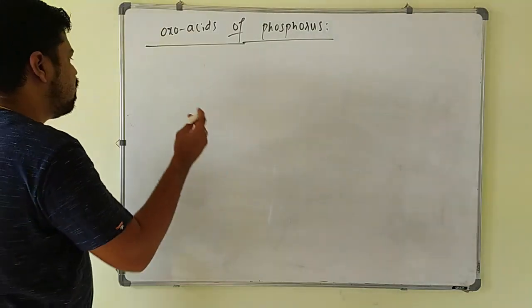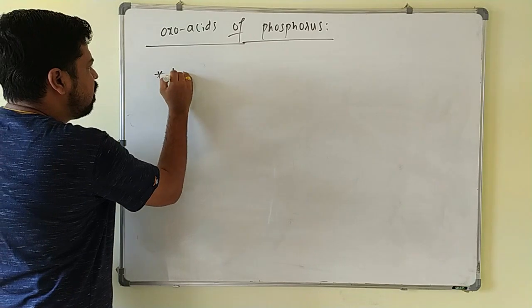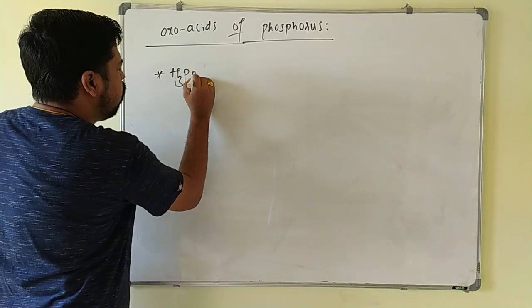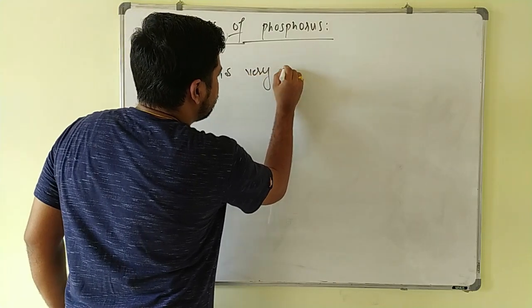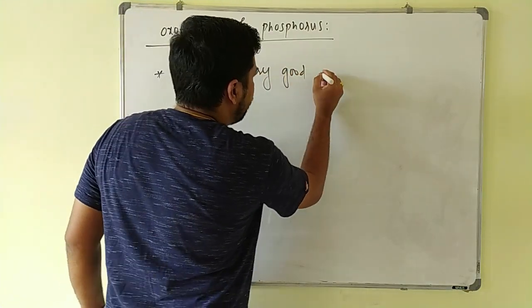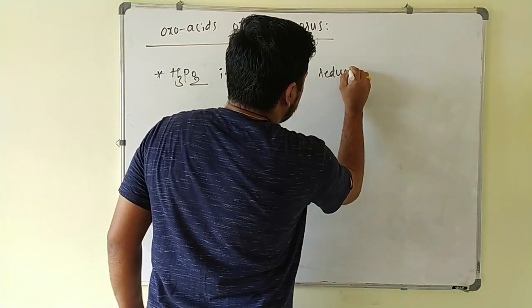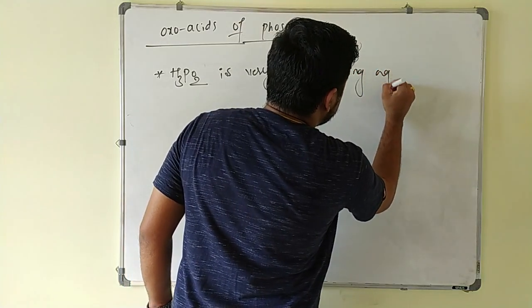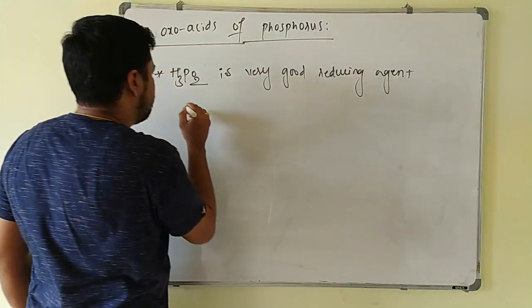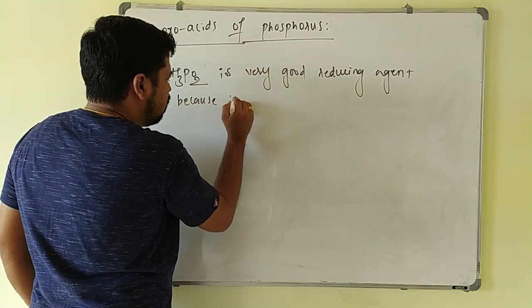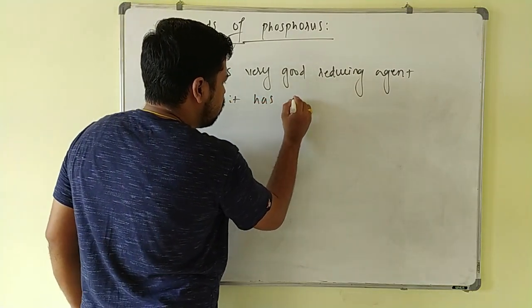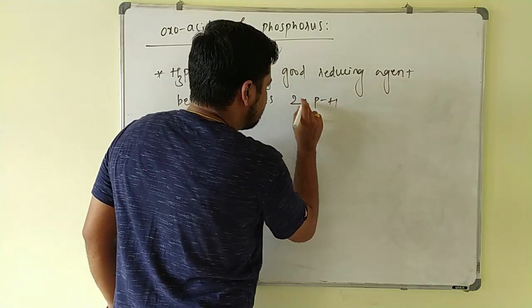Next point, we already know that H3PO2 is a very good reducing agent because it has two P-H bonds.